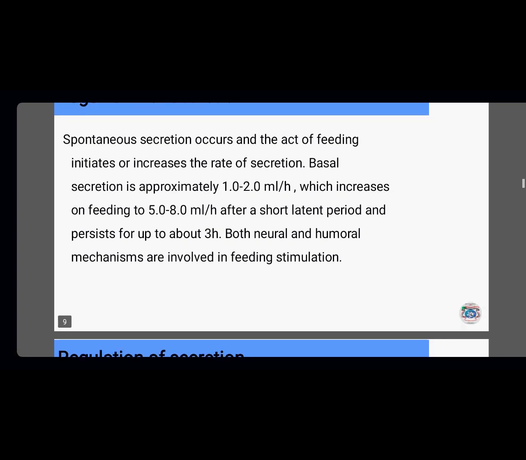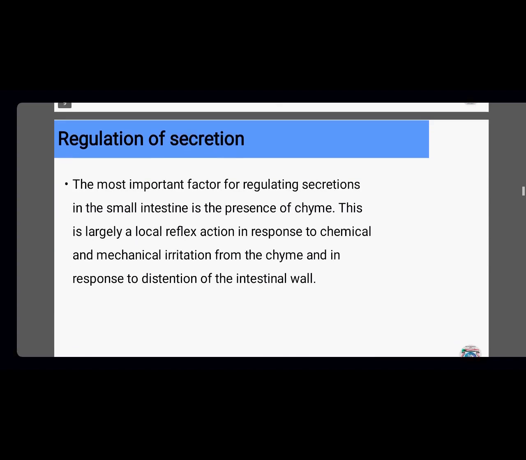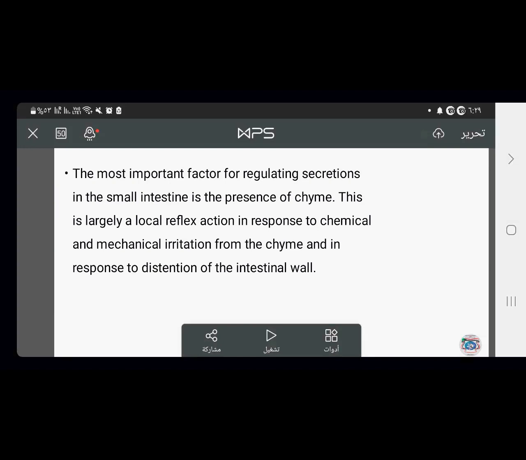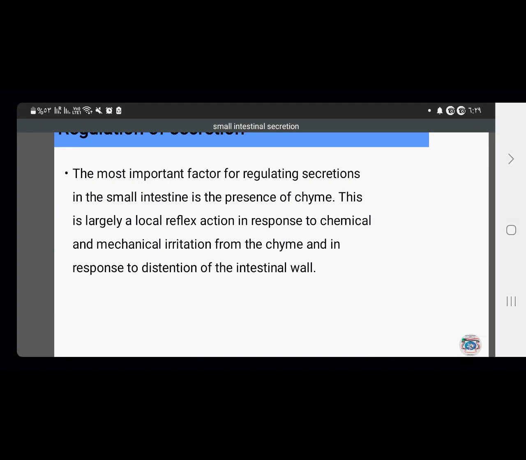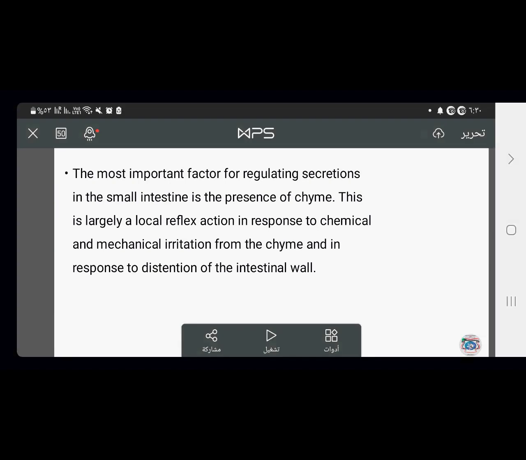Regulation of secretion, also we are dealing with the regulation. The most important factor that regulates secretions in the small intestine is the presence of chyme. The chyme is the semi-solid content of food that enters the GIT. This is largely a local reflex. Why is it a local reflex? Because the small intestine is surrounded by smooth muscle.